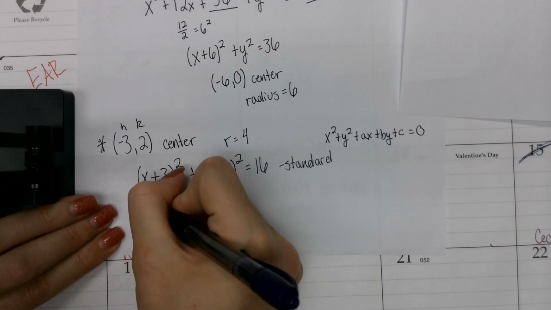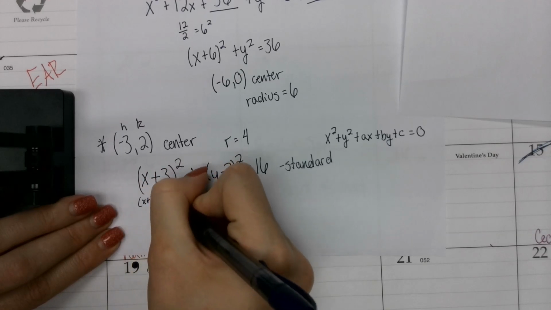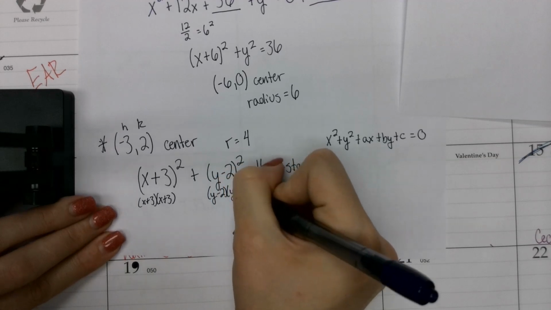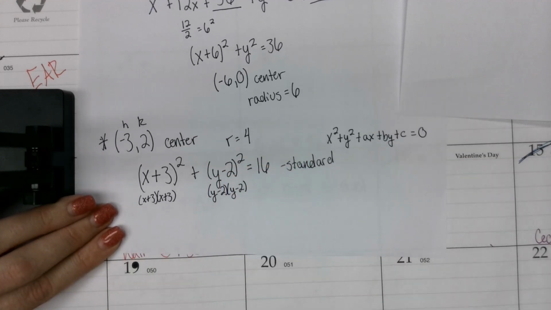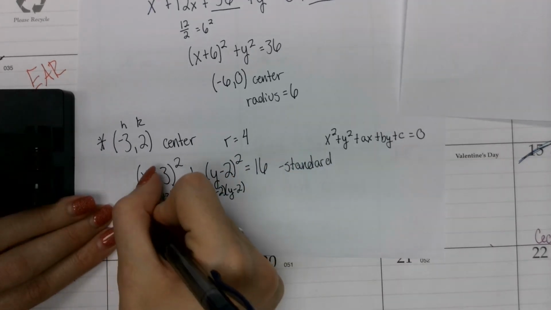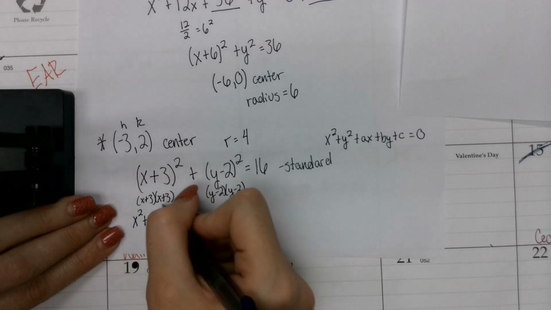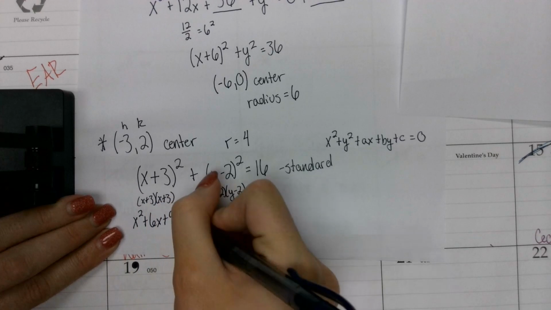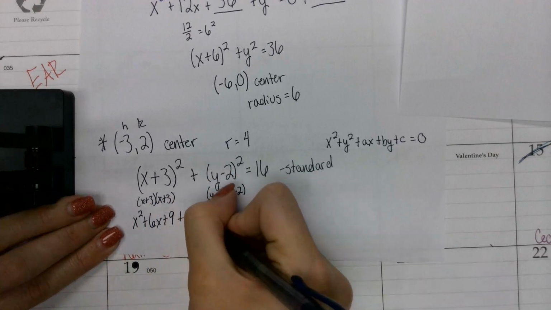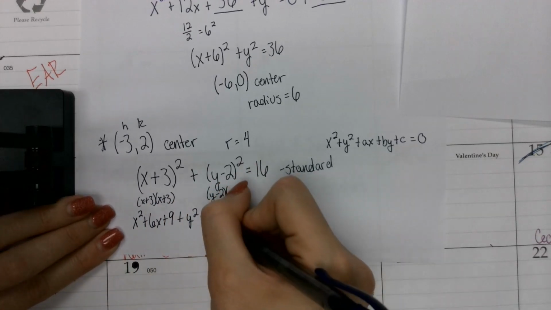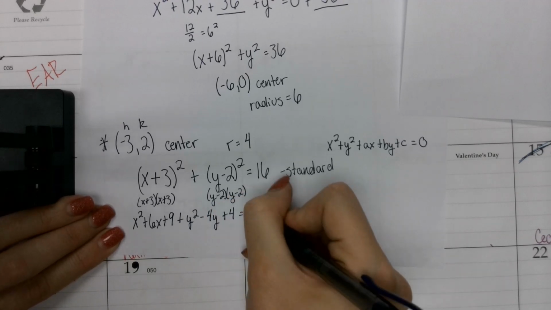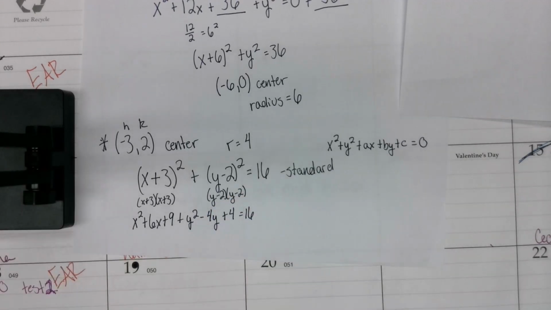So I'd have x plus 3 times x plus 3, and then I'd have y subtract 2 times y subtract 2. So I'd have x squared plus, it'd be 3x plus 3x, so plus 6x plus 9, plus y squared subtract 4y plus 4 equals 16, because I did some of that in my head.